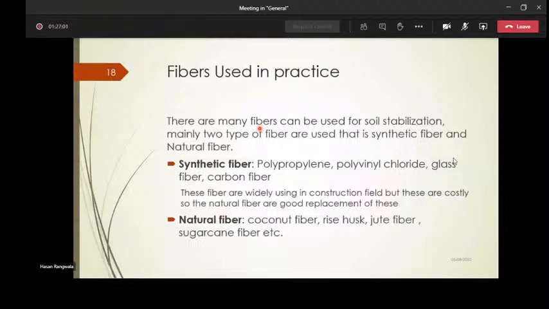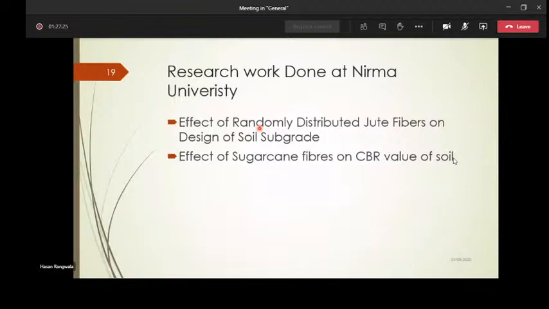So if I have an economic option which is locally available, which is quite good technically also, then probably I should use natural fibers rather than synthetic fibers, which is, say, polypropylene and polyvinyl, which is also adding to the pollution. Okay.